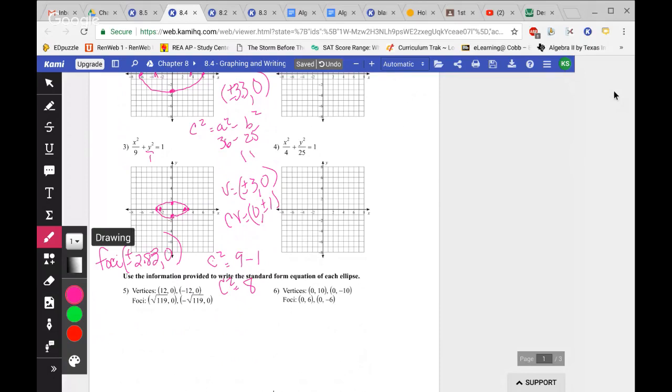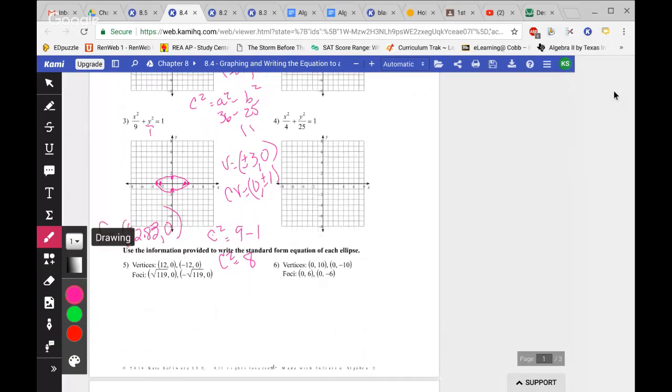Okay. Once again, on this one, it's the vertex that matters with regard to where the vertice falls. And that's telling me that the vertice is going to be 12, 0, and it's in the x.